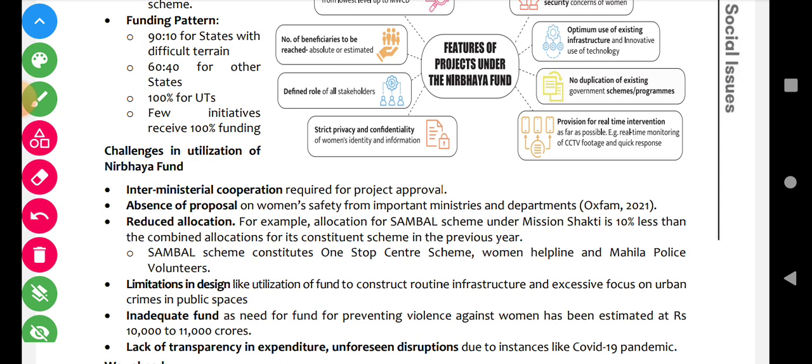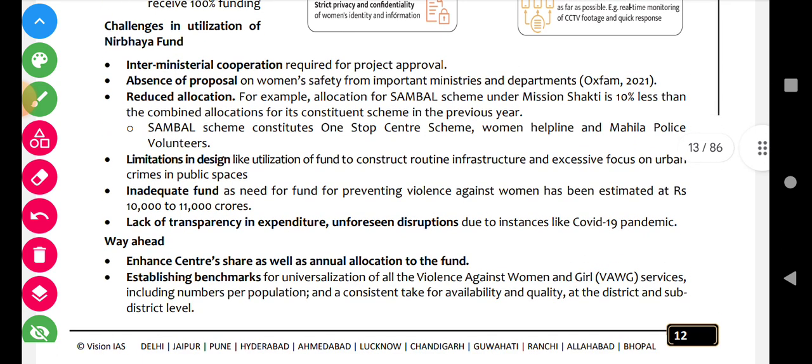So what are the challenges in utilization of the Nirbhaya Fund? The first challenge is interministerial cooperation, a tussle between ministries regarding fund approval of a scheme. Absence of proposals on women's safety from important ministries and departments.